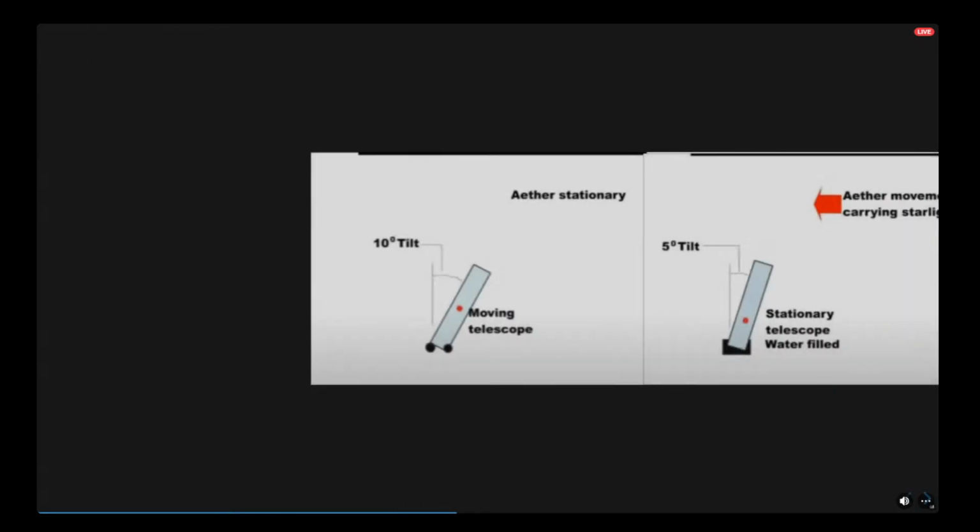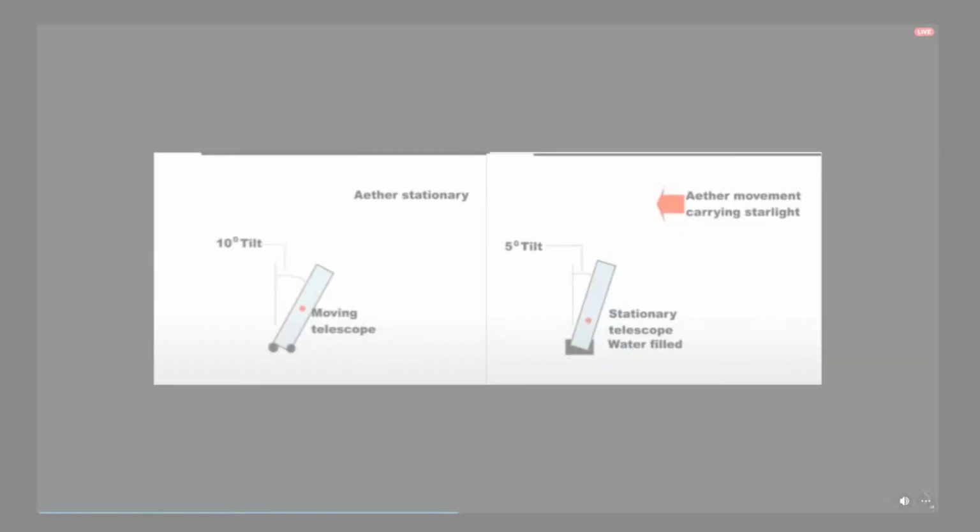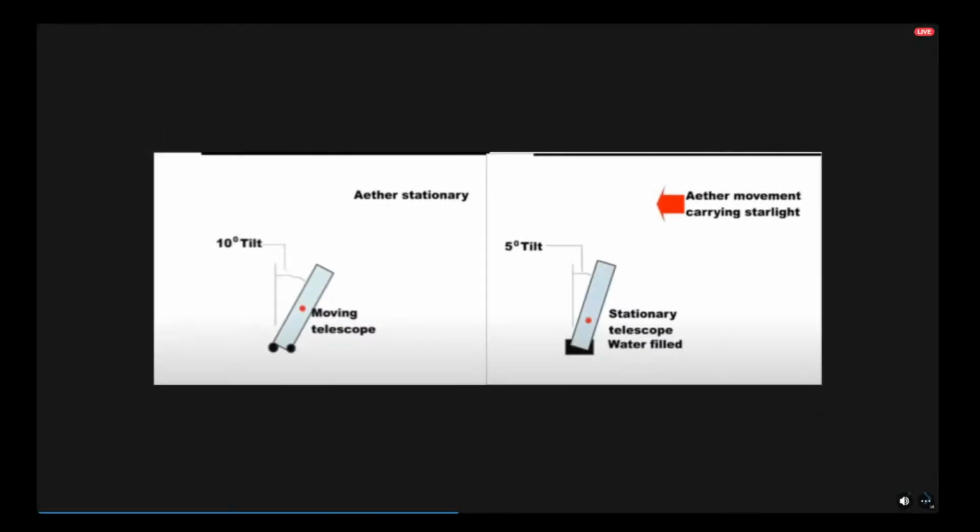But if you fill the telescope with water, now the light's going to be slowed down and you're going to have to compensate now. So if the Earth is moving and there's now a refractive medium introduced into there, light's going to be slowed such that it's not going to come in the center anymore based off of your 5 degree angle.